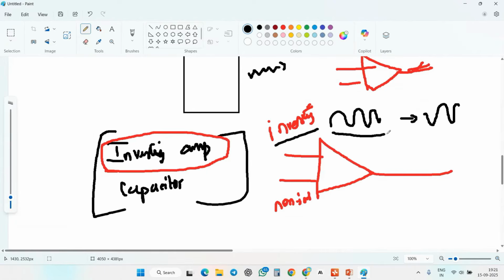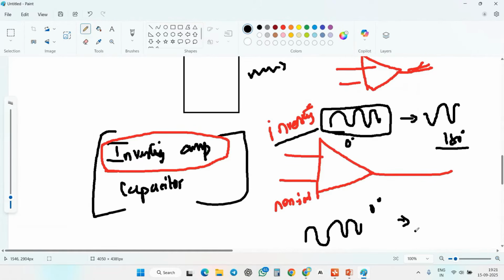If you give the signal with 0-degree phase shift, it is converted to exactly 180-degree phase shift. But for non-inverting, if you give 0-degree phase shift, the output is exactly 0-degree phase shift. This is the difference between an inverting amplifier and a non-inverting amplifier in your op-amp.